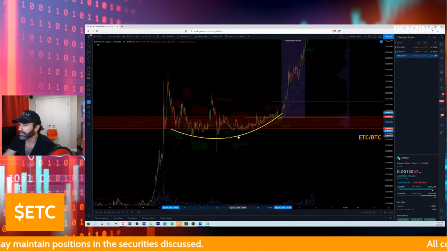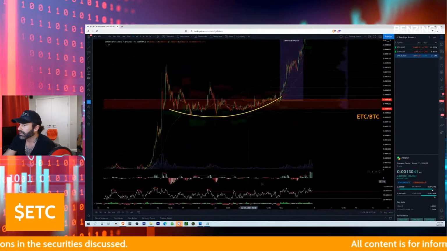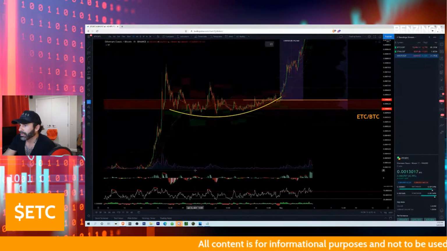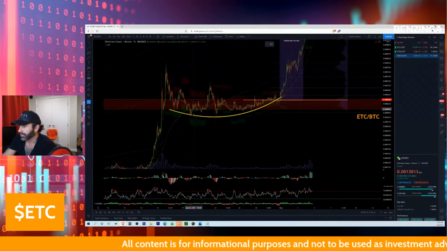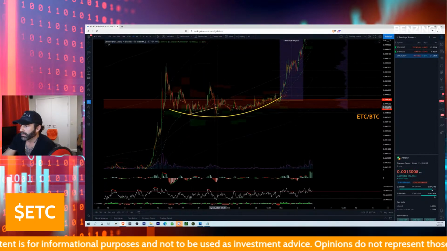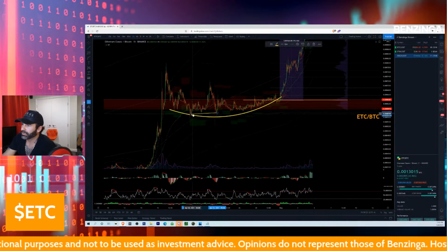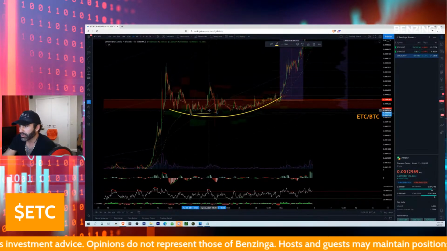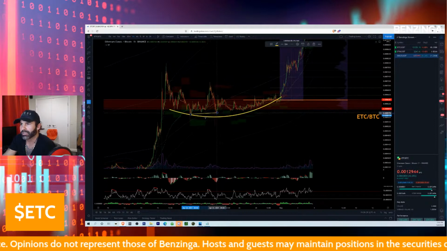And at this point, if you look at the MACD, you've got prices going up from this point to this point, making higher lows, which would imply accumulation.